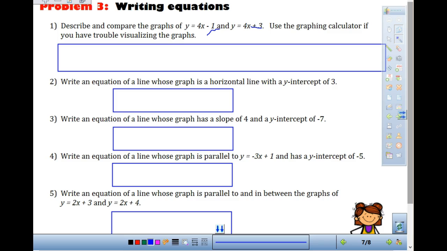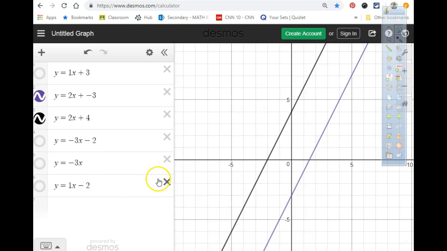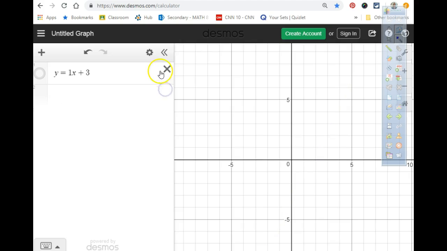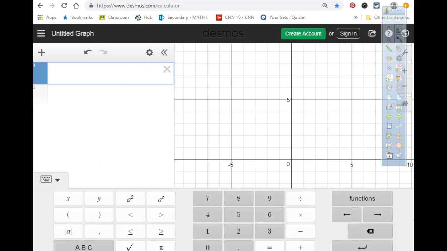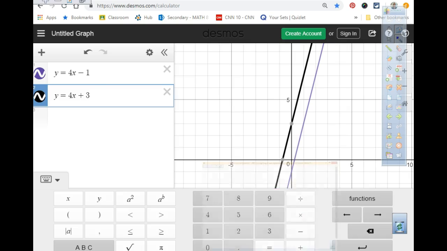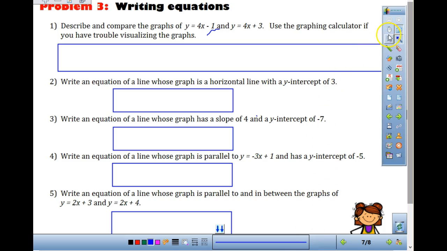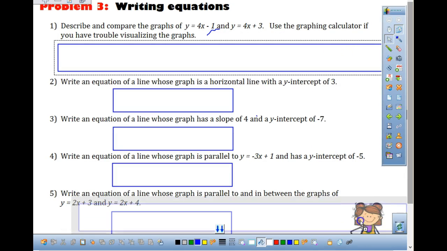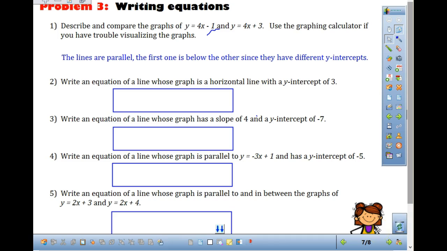So please pull up your graphing calculator and put in those two equations, y equals 4x minus 1 and y equals 4x plus 3. Visualizing those two, we would now say that the lines are parallel, with different y-intercepts.